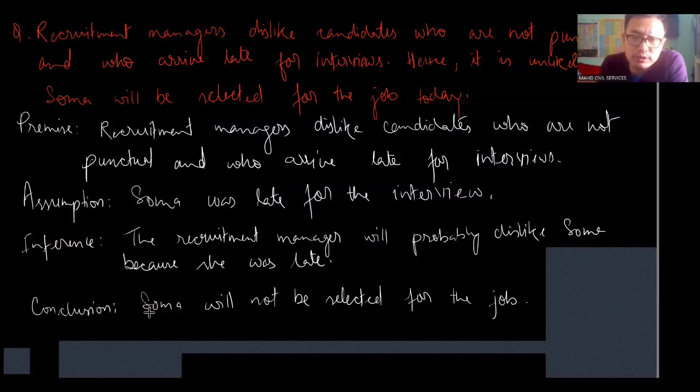Now, see, this conclusion has to be based on premise, assumption, and inference. The premise is the given statement as it is. And what is the assumption? Soma is most unlikely to be selected. Soma must be late. So Soma was late for the interview is an assumption.